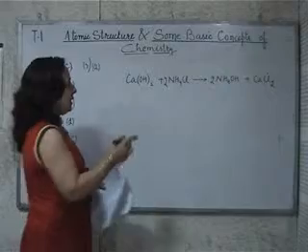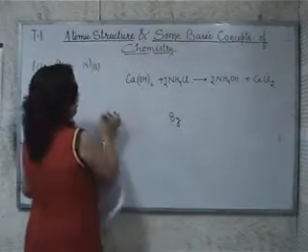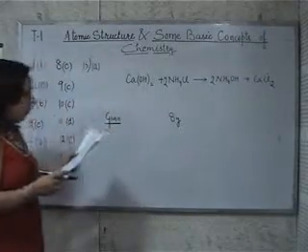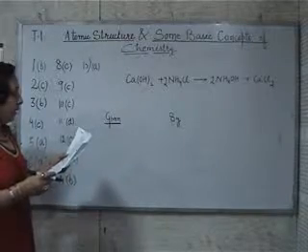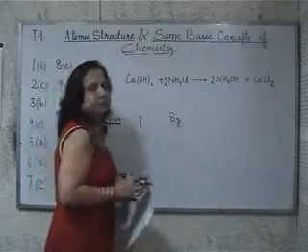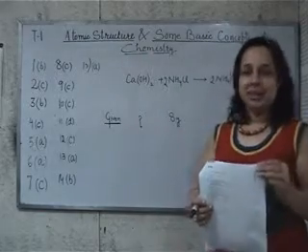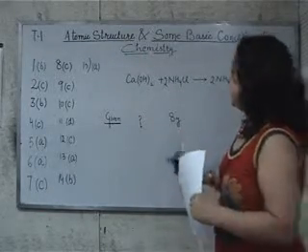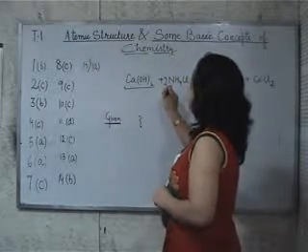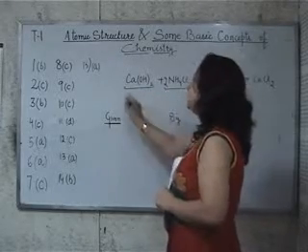Now 8 grams are given for ammonium chloride. These are the given informations. What would be the weight of slaked lime? This weight we want to calculate. The technique is to calculate the weight of calcium hydroxide and the weight of ammonium chloride, make the unitary system, and you will get the answer.